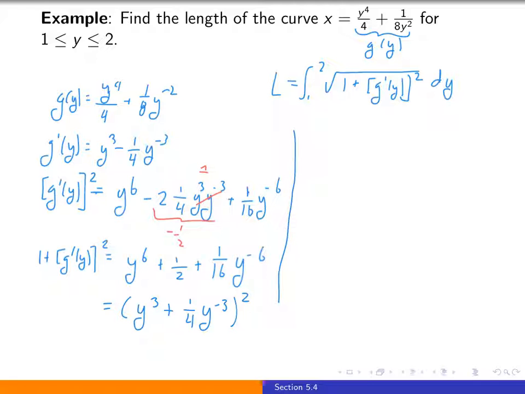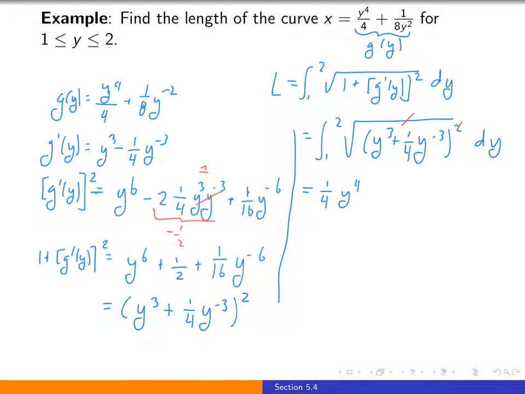So let me go ahead and plug that in. It's a definite integral from 1 to 2 of the square root of the quantity y cubed plus 1/4 y to the minus 3 squared dy. And once again, this is a very nice thing. The square root and the square cancel, and then we can simply anti-differentiate term by term. So 1/4 y to the 4th.